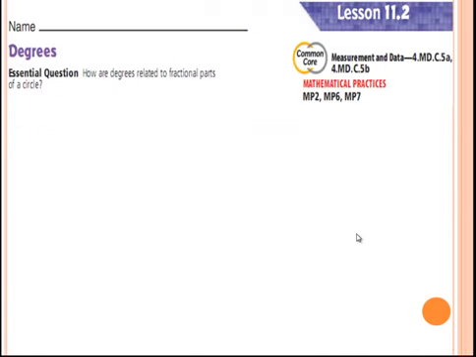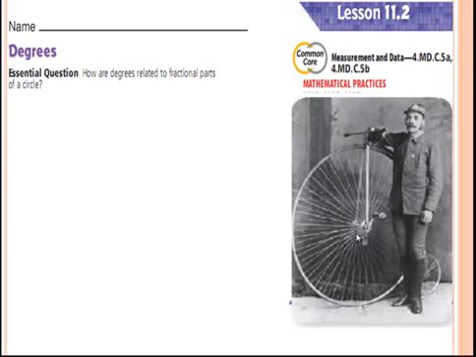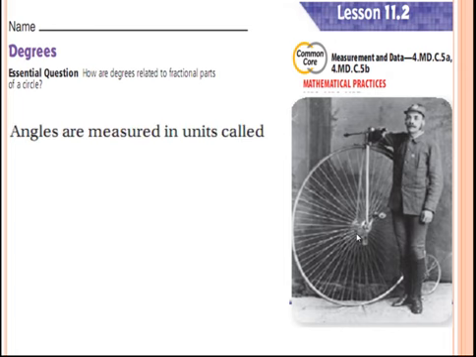As you see, our title is degrees, and our essential question is, how are degrees related to fractional parts of a circle? Do you know this picture? I'm going to tell you its story after we get the meaning of the word degrees.